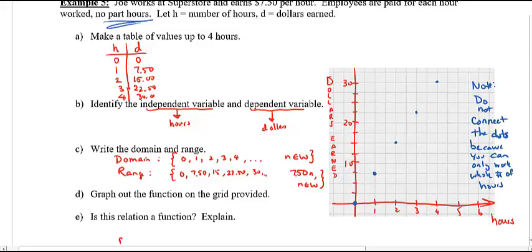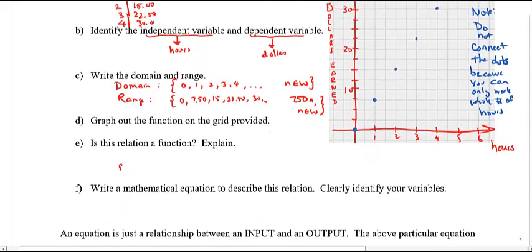Okay. Now, is this relation a function? Remember, for each value of the independent variable, it's only connected to one value of the dependent variable. And the answer is, yeah, it is. Because for each element in the domain, there is, and what's the key thing?